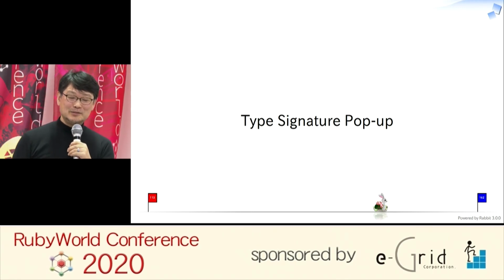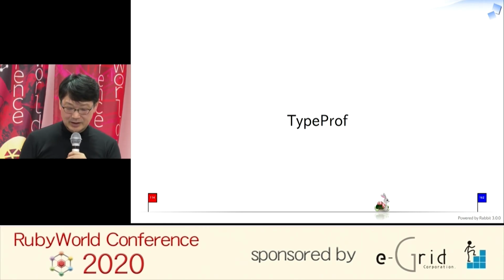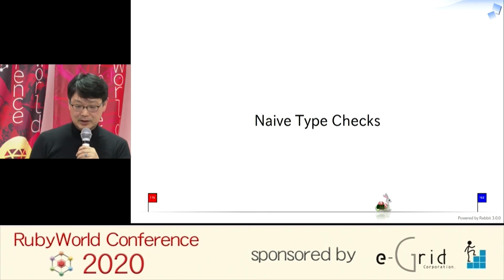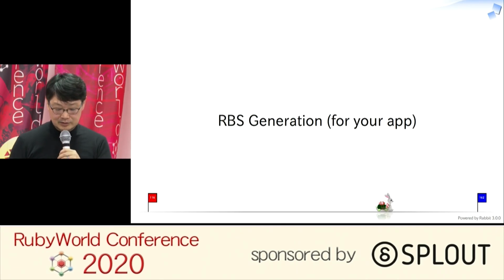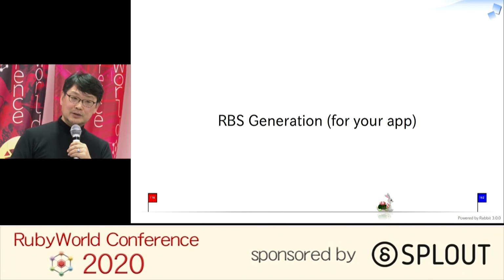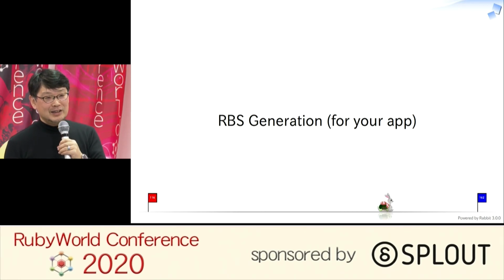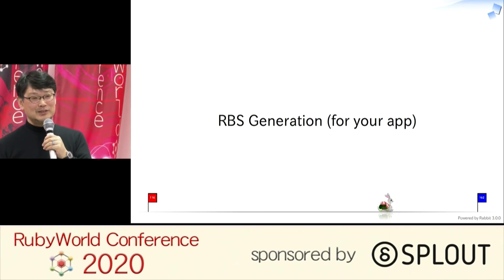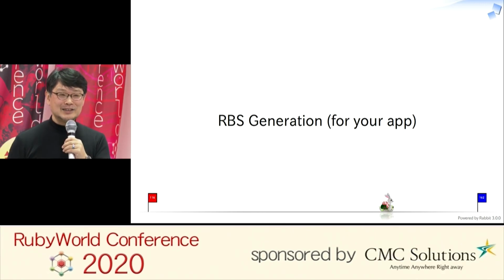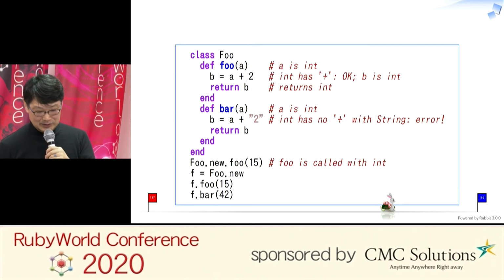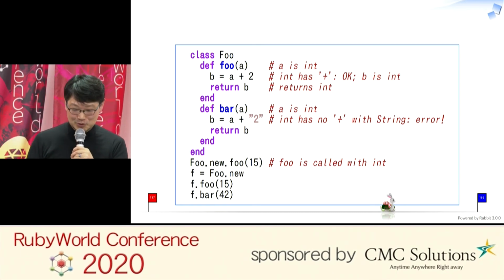Ruby Signature was launched very recently, and we only have the prototype, but it opens new possibilities. TypeProf is a tool to offer naive type checks, and after executing the type check, RBS generation is made automatically. The type signature engine is not wise enough, so some things it may not be able to detect, but we have sufficiently good prototypes.